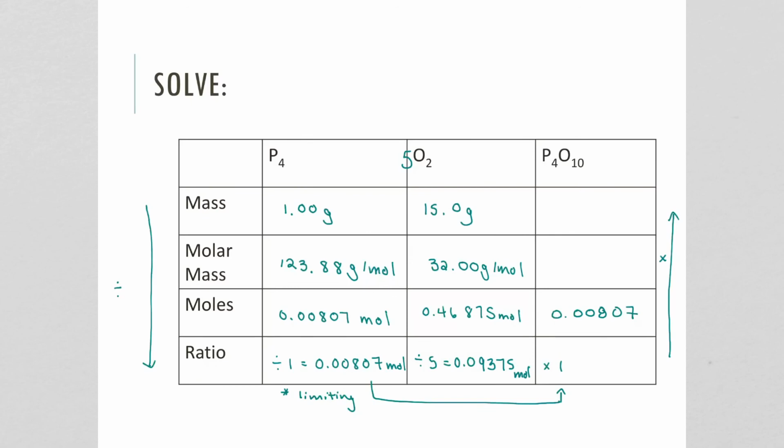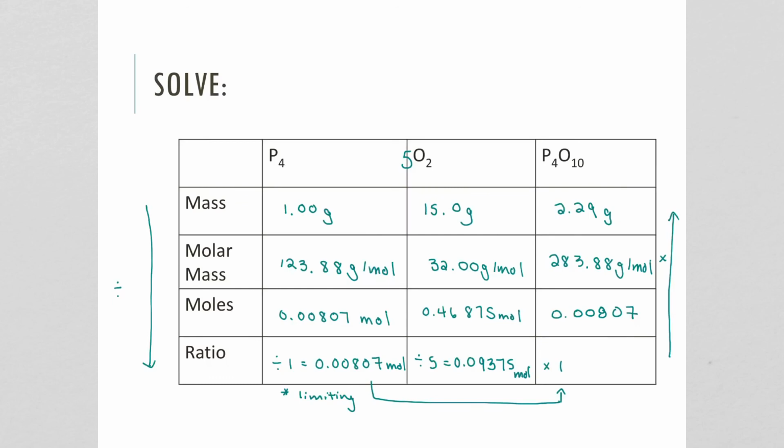So the molar mass of P4O10, so 4 times the molar mass of phosphorus, plus 10 times the molar mass of oxygen. So that is equivalent to 283.88 grams per mole. And then we multiply that by our molar amount, and we get a mass of 2.29 grams.